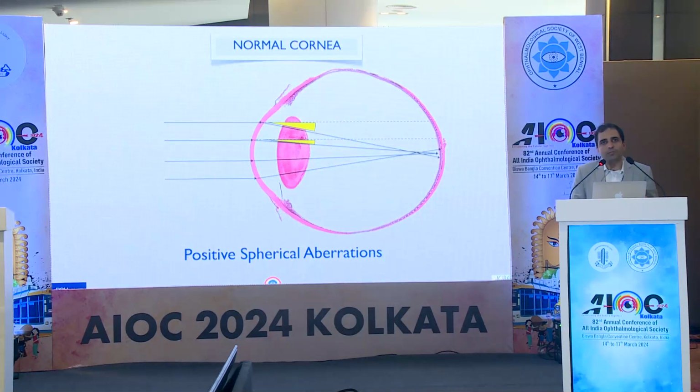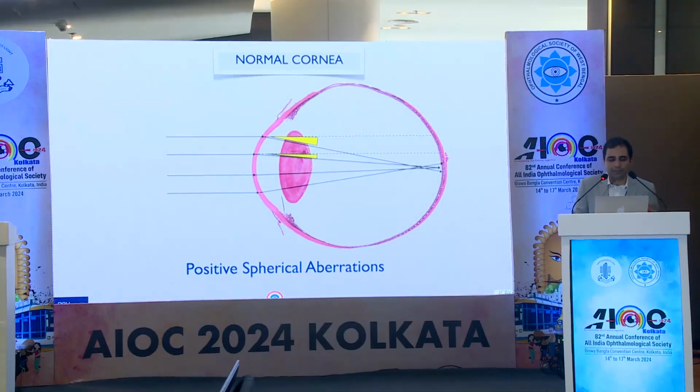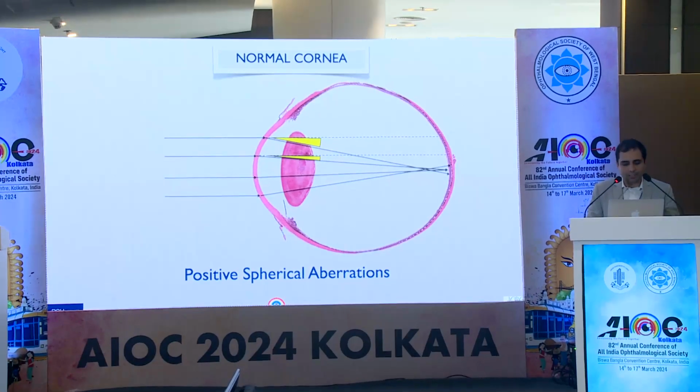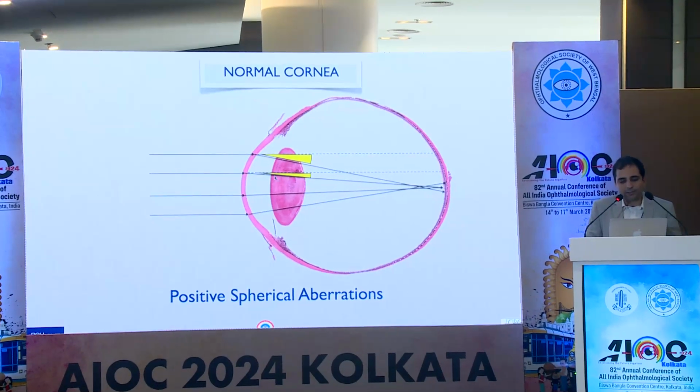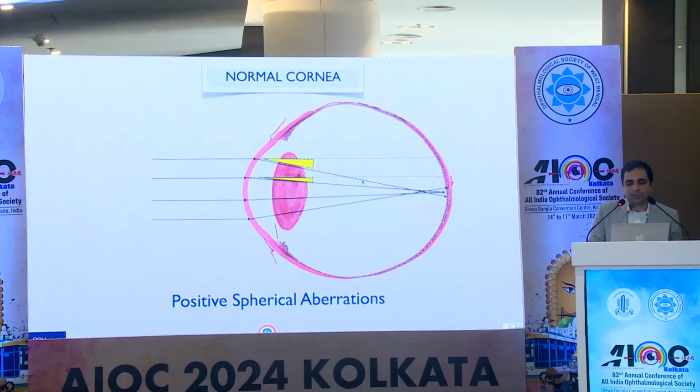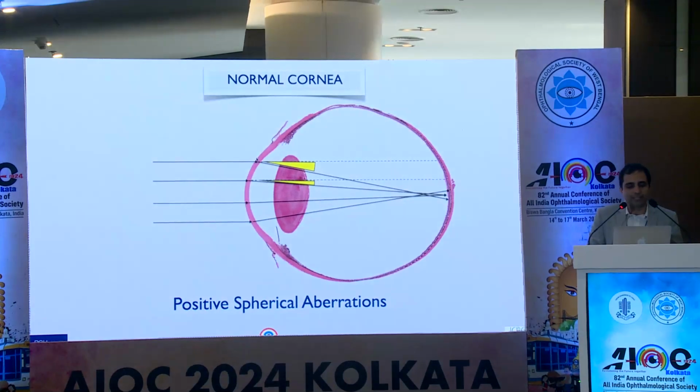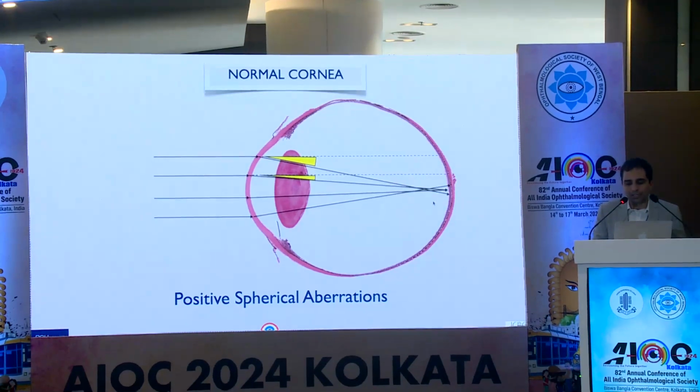To understand some of the basics of why they are different: when there is a normal cornea, we all have positive spherical aberrations, which means that the rays at the periphery bend more than the rays at the center.